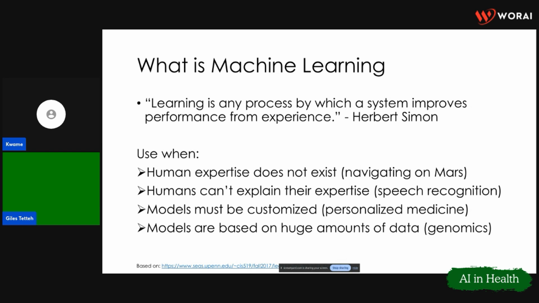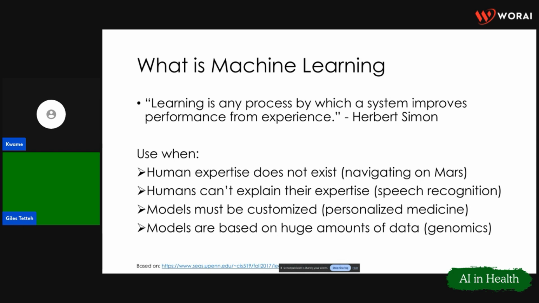And then we use machine learning, obviously, in cases where human expertise does not even exist. So if we want to go to Mars and navigate on Mars, maybe it's better to deploy a machine than to deploy a human, because it reduces the risk of something bad happening. And then we also use machine learning in cases where humans cannot explain their expertise, right?